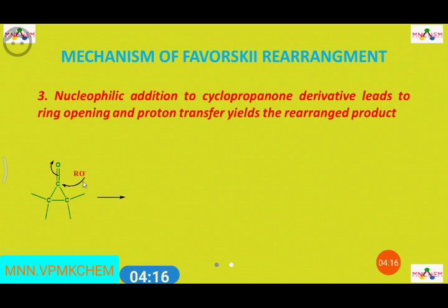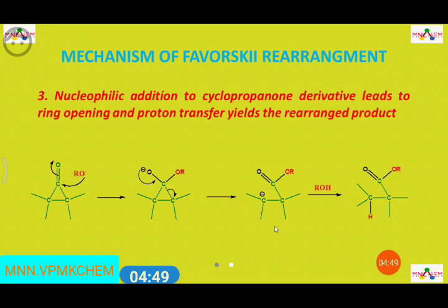So here our nucleophile attacks the carbonyl carbon of the cyclopropanone derivative, which results in the migration of the negative charge to the oxygen. Subsequently, it comes down and the cyclopropanone ring opens. It results in the formation of a carbanion, which readily accepts a proton from the solvent, and we get the ester, or rearranged product, of this Favorskii rearrangement.